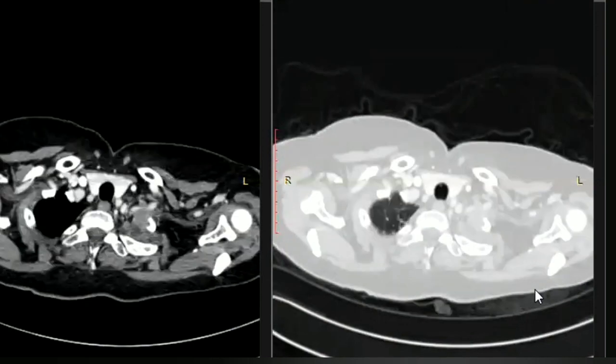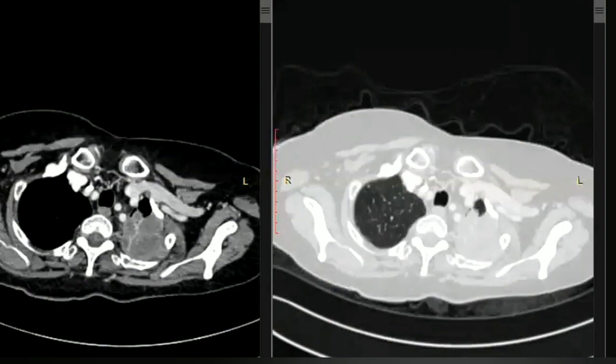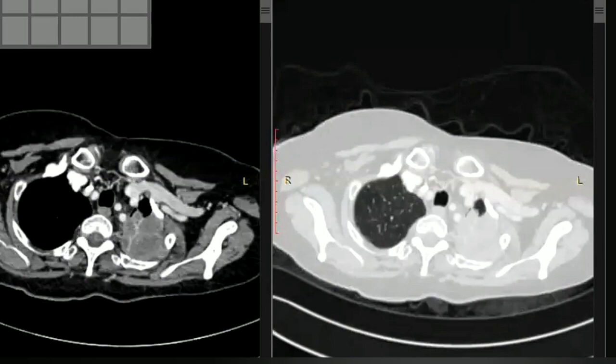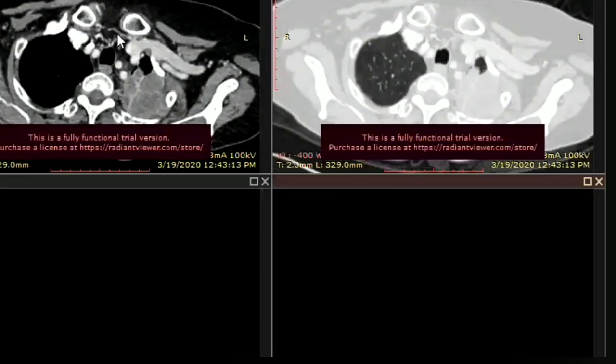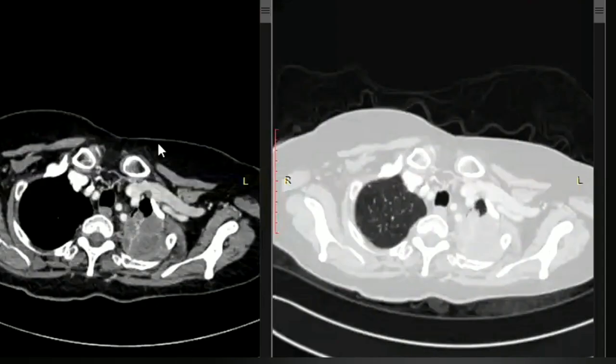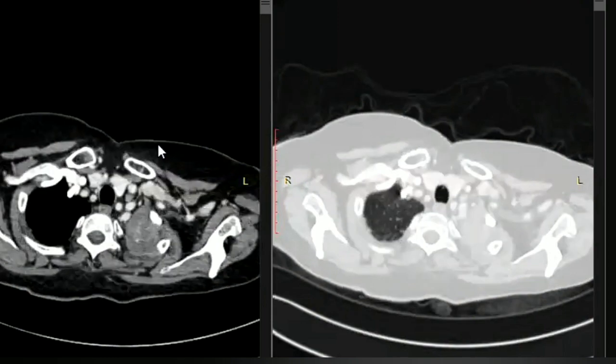I can appreciate fine subpleural nodules in the right lung as well. There are almost 2 to 3 mm in size. So these can be metastatic deposits as well.